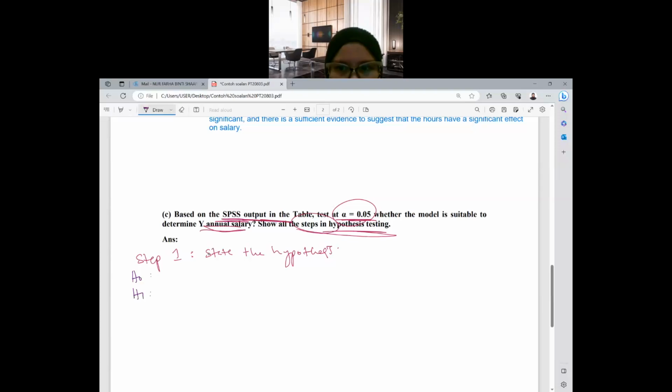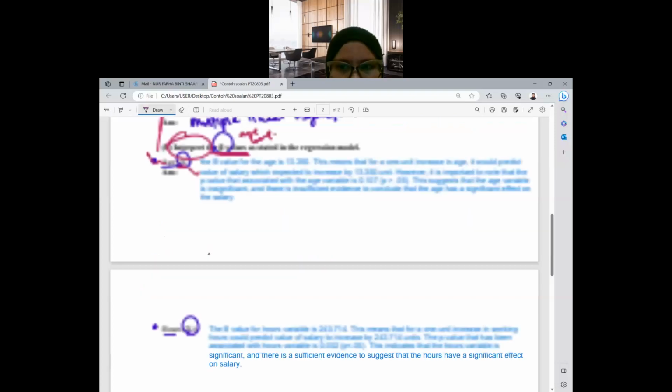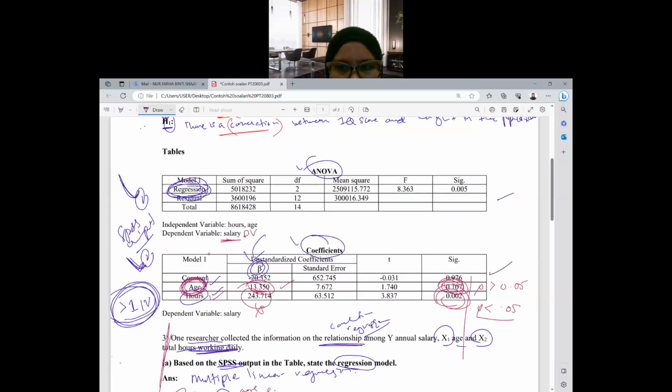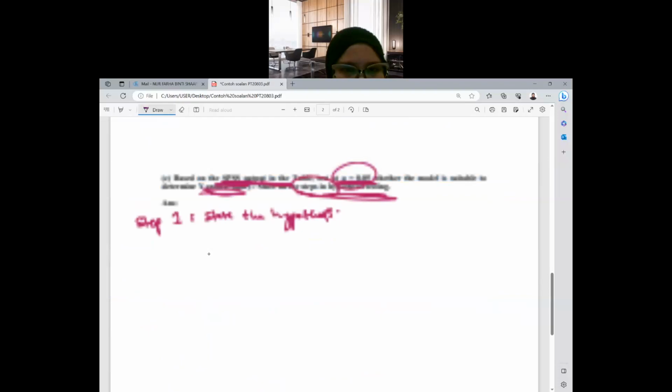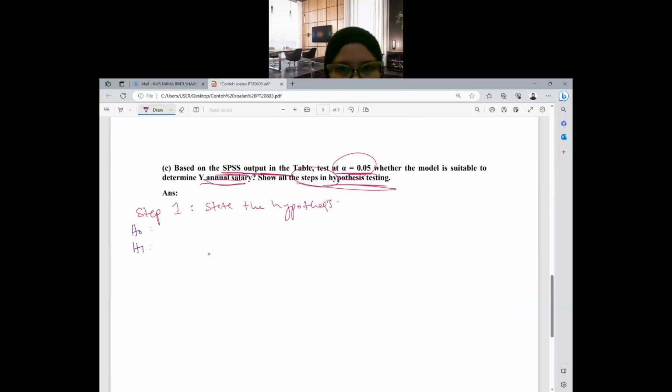All the information you already have in your table here. You have no problem because you already know your IV and your DV. Based on the question they ask you, is the model suitable or not? This is the key point that you need to use.